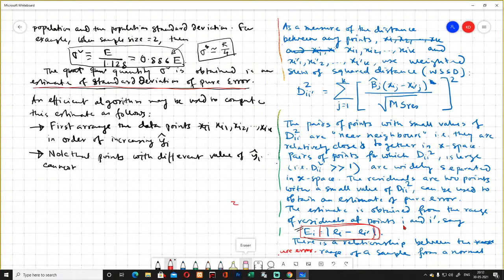I and I dash are dummy variables. You consider just the absolute value of the error, not the sign. If you ignore the sign, then you have no problem. Actually, this gives the estimate of the magnitude of the error.